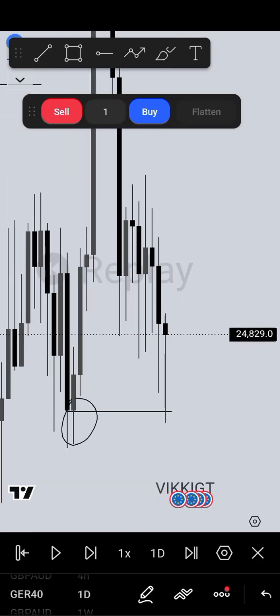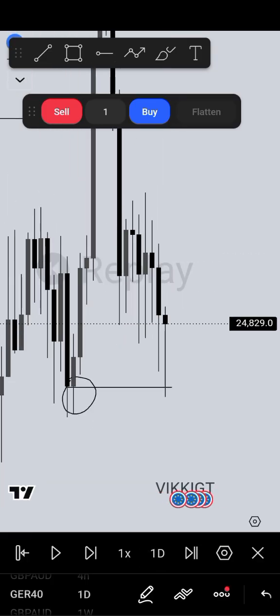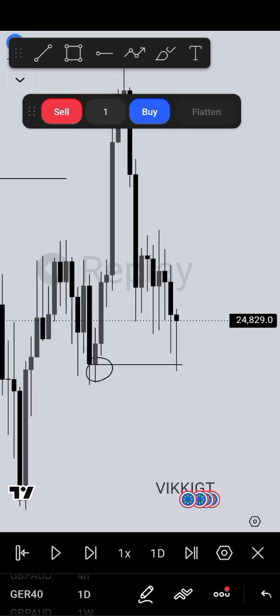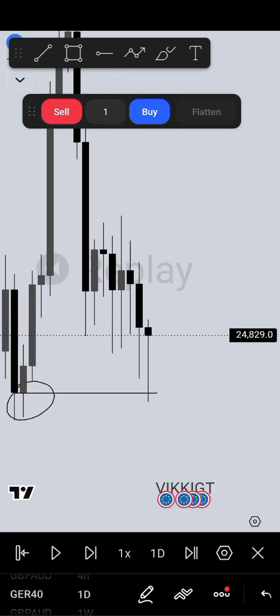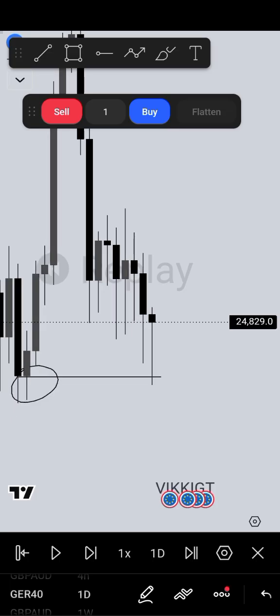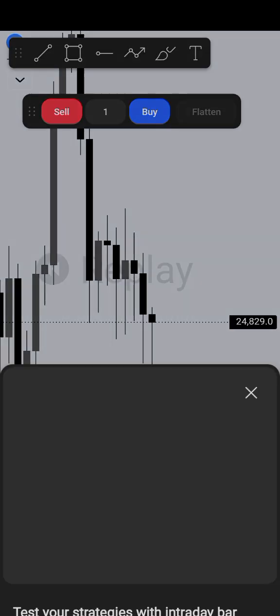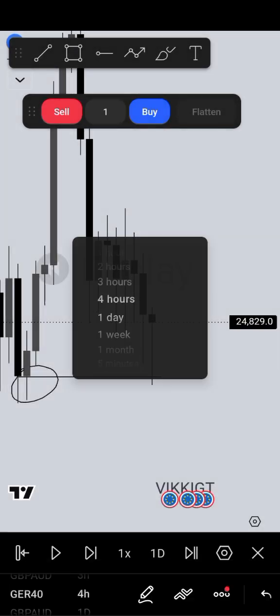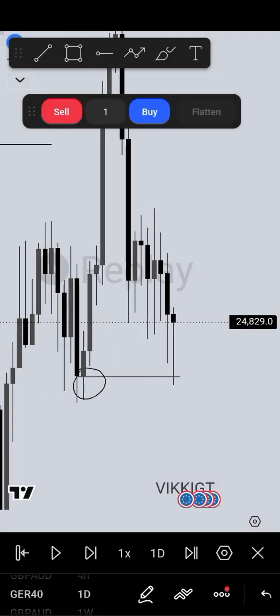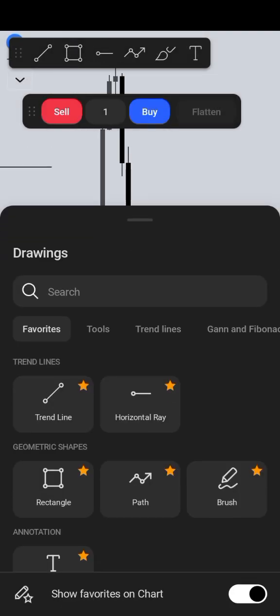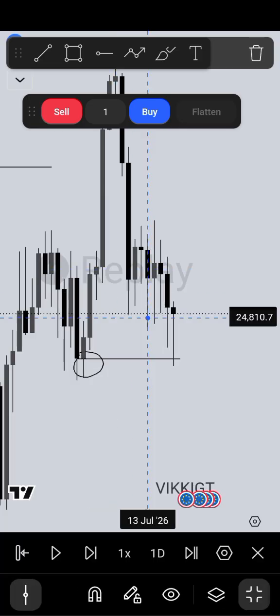So we had a rejection from this particular key level. So that's the first step, marking out your key levels. Second step is waiting for a rejection and candle closure. So this is your rejection and candle closure. Then you head over to the 4 hours time frame, which will now give you an alignment. Let me use this trend line to separate it.